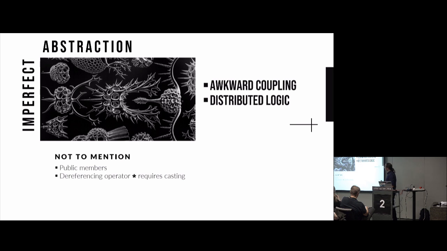Now, iterators themselves are also an imperfect abstraction. Okay, they're maybe better than what we saw before, but they still have several issues that we might want to see how they affect our code. We saw the global members.